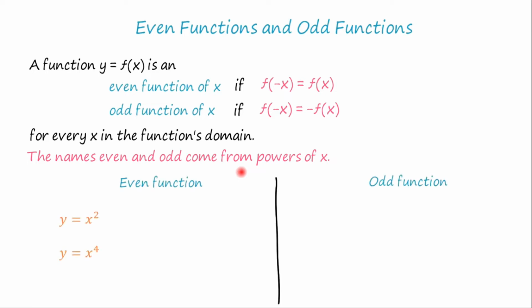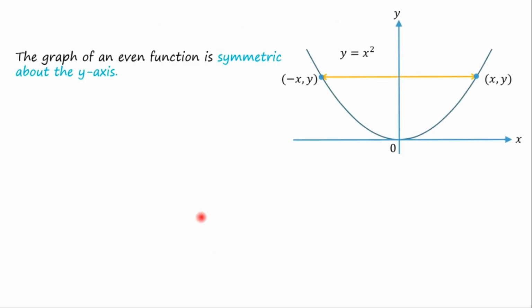If y is an even power of x, as in y equals x square and y equals x raised to the power 4, it is an even function of x, because square of negative x equals x square, and negative x raised to the power 4 equals x raised to the power 4. If y is an odd power of x, as in y equals x and y equals x cubed, it is an odd function of x, because the first power of negative x equals negative of x, and cube of negative x equals negative of x cubed.